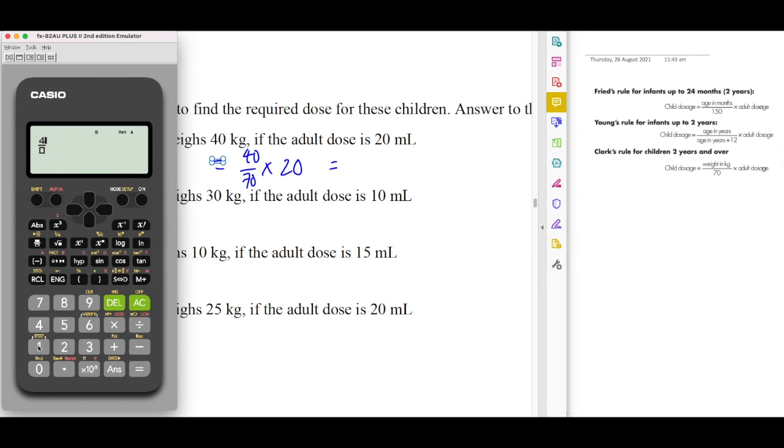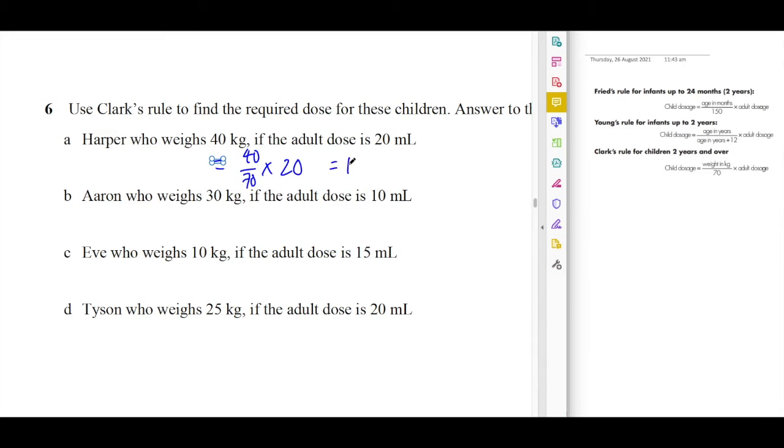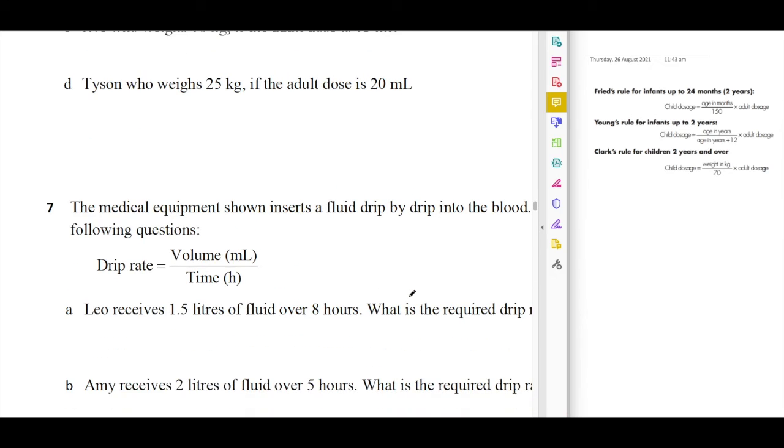You can just type 40 over 70 times 20. This is nearest milliliter, so that's 11, right? And the rest is just the same stuff. The only thing they change is the mass, which is in kilograms, and the dosage. So it should be pretty easy.